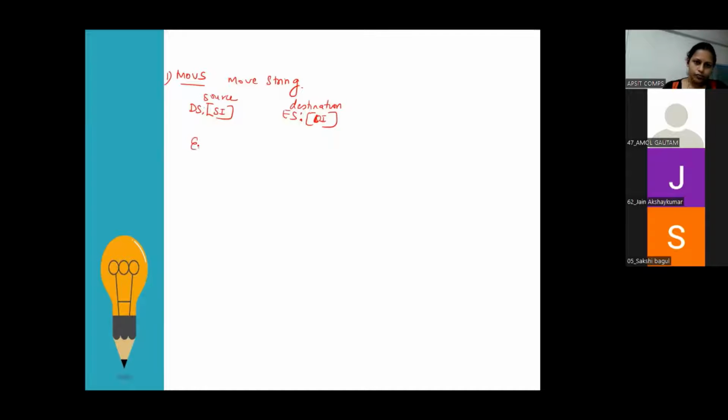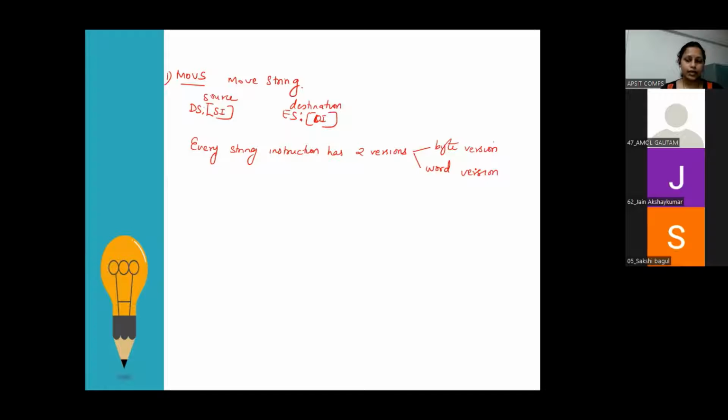Now what you have to remember is that every string instruction has two versions: one is the byte version and the other is the word version. Most of the string instructions have these two versions.